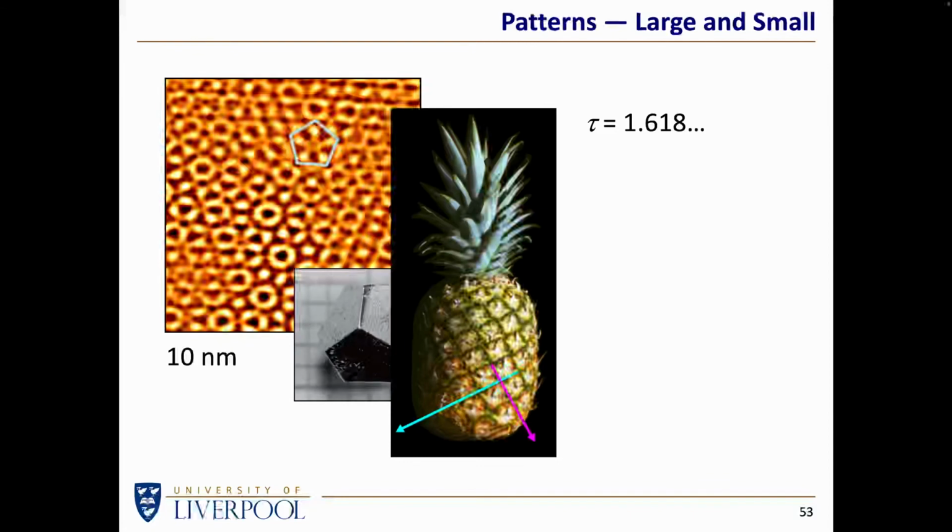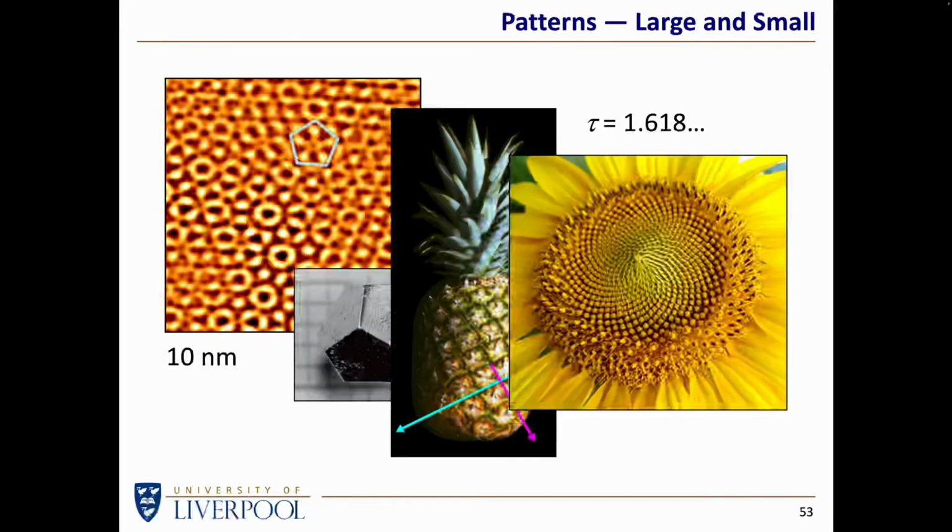And if you do the same with sunflowers, if you look at the head of a sunflower where you have these characteristic spirals, if you start from the inside and follow one particular spiral, you can count the number of seed heads, but you can do the same in the other direction because there's another set of spirals going in the other direction. If you count the number of seed heads in one spiral and the other spiral, take the ratio, it comes out to be the same number again.